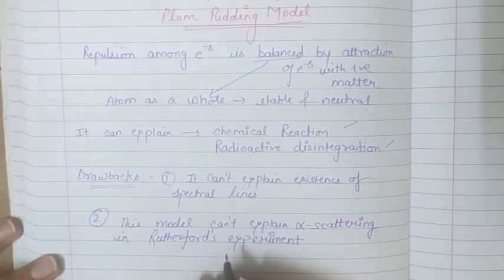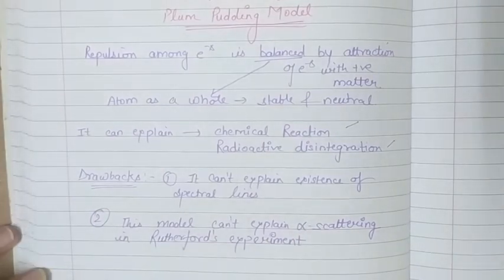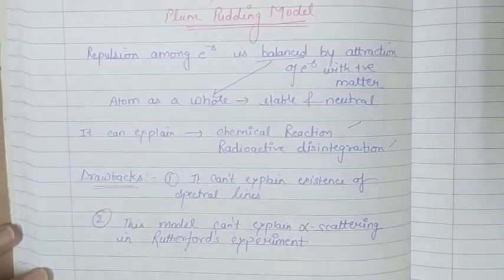Also, this model was valid till 1911, so people followed that model. But after the alpha scattering experiment done by Rutherford, this model couldn't explain the large angle scattering of alpha particles.